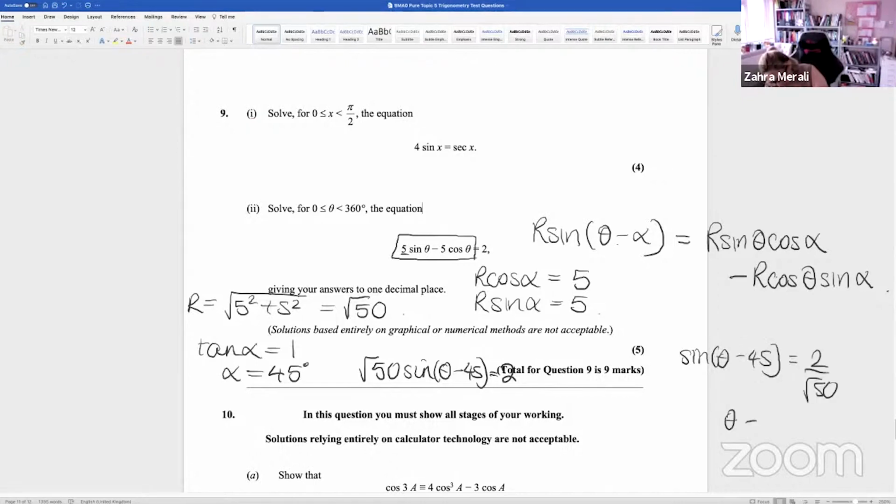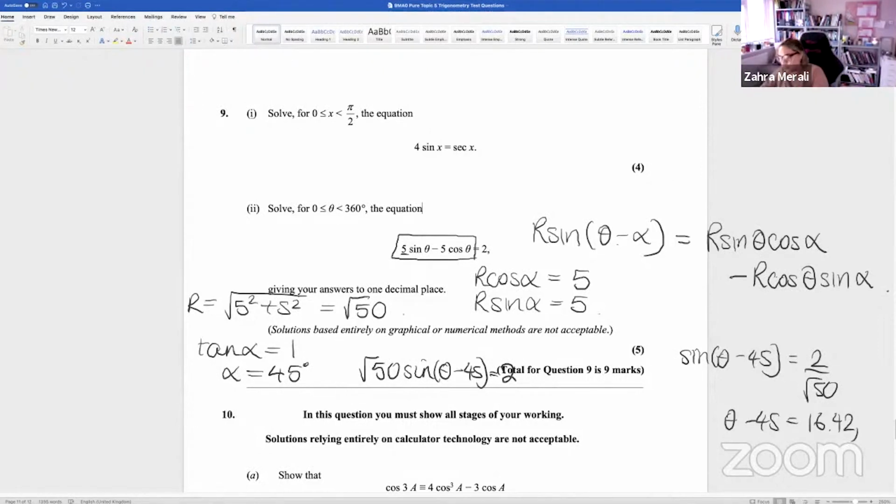We plug that into our calculator. So 2 divided by root 50. We've gone from degrees to radians, so don't forget to change your calculator. So inverse sine answer, and I get 16.42.